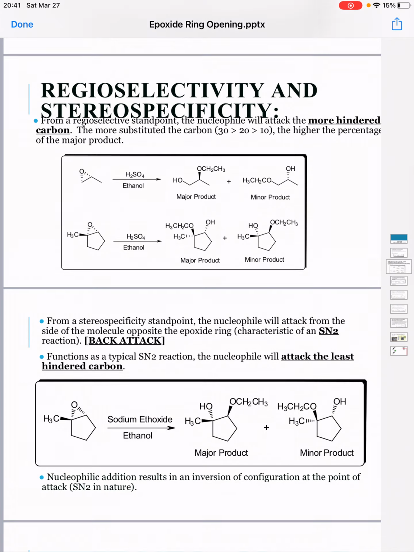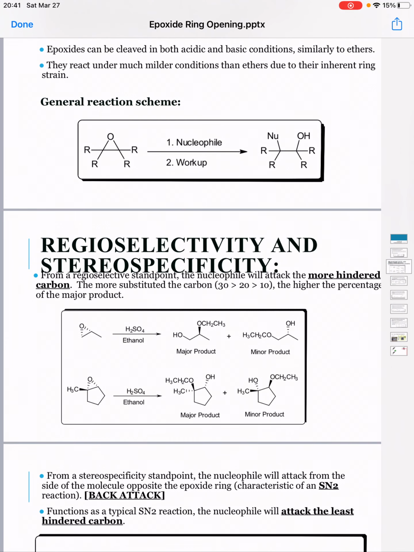Secondly, regioselectivity is going to be different in acidic condition and basic condition. We're going to talk about the acidic condition first. In an acidic condition, the nucleophile is going to attack the more hindered carbon.